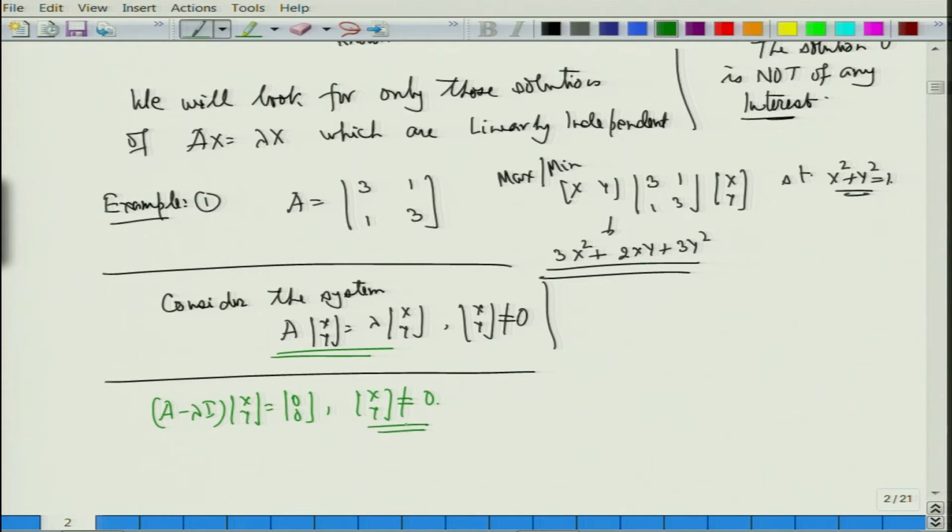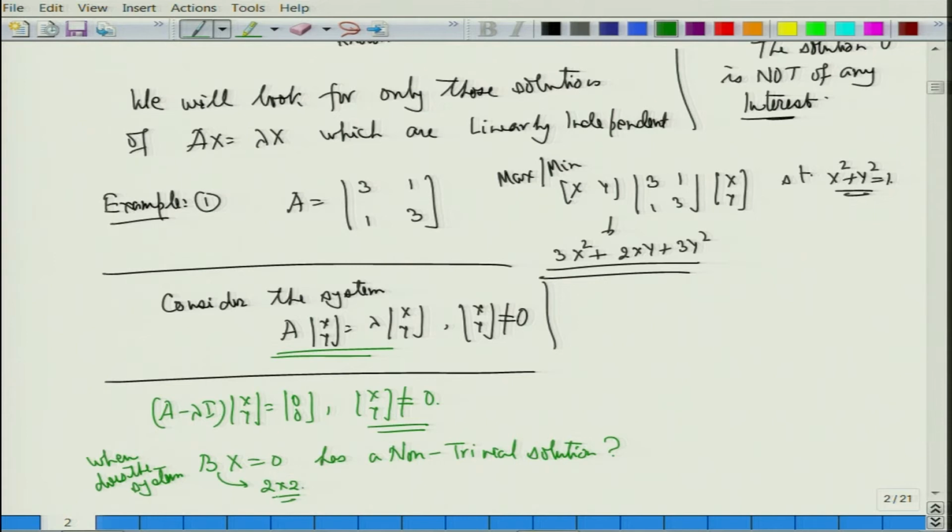So do you remember some theorem which talks about when the system Bx = 0 has a non-trivial solution? Here B is a 2 by 2 matrix for us, it is a square matrix. In this chapter all our matrices will be square matrices, I forgot to say that.